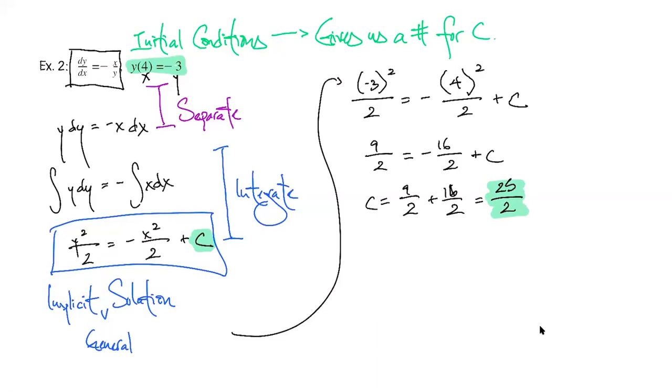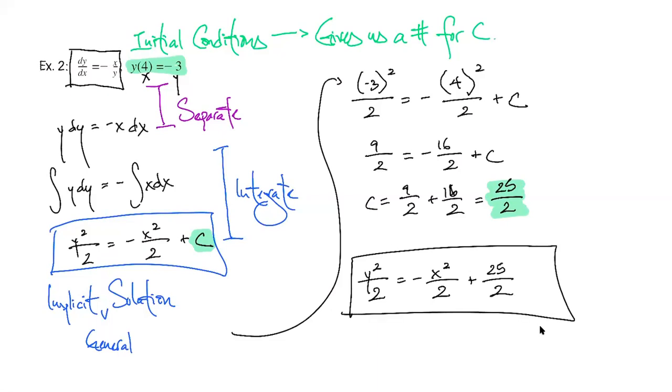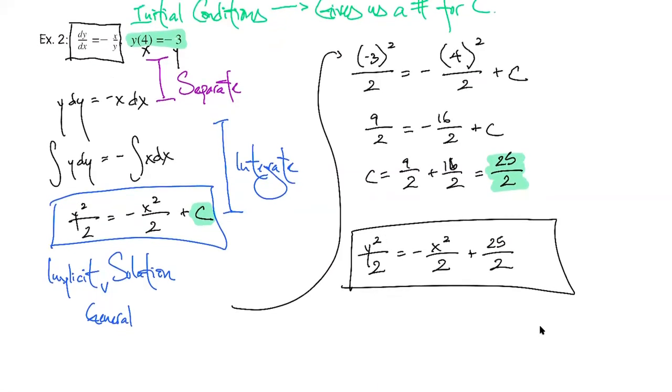To write my final answer, I'm going to just write my equation again. y squared over 2 equals negative x squared over 2 plus 25 over 2. And this right here is considered my particular solution.